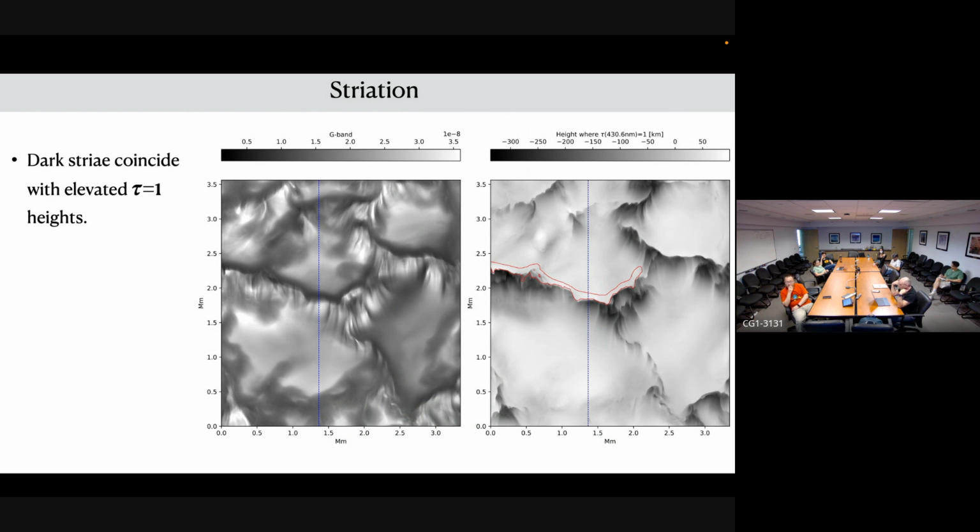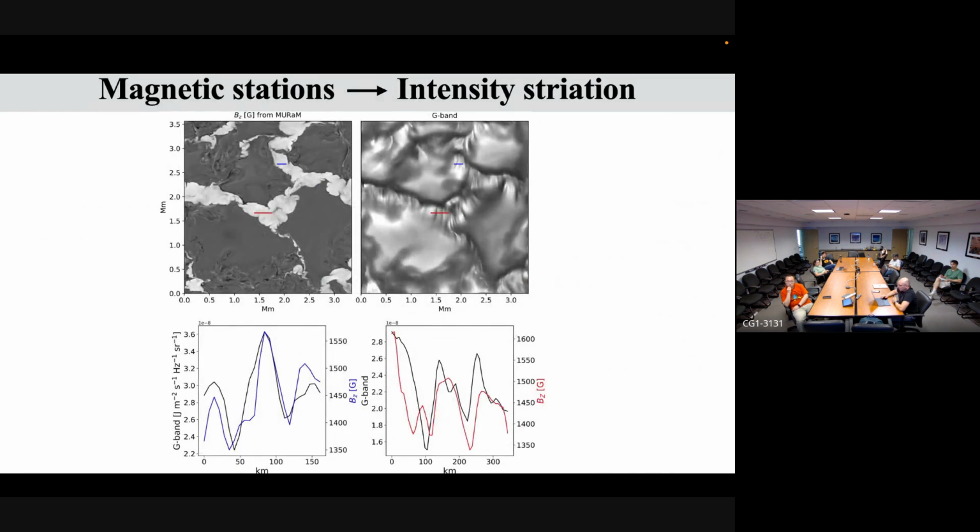It could be like 10 kilometers, which is like the horizontal resolution of this simulation. But that 10 kilometers difference is still there. And the question now is, what creates these changes in formation height? Well, obviously it should be the magnetic field.